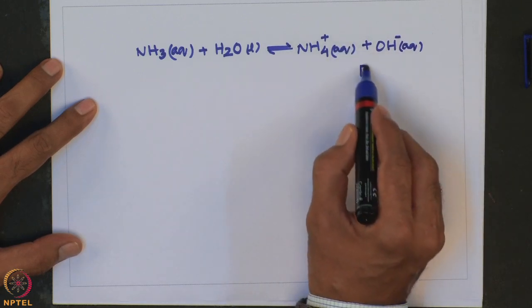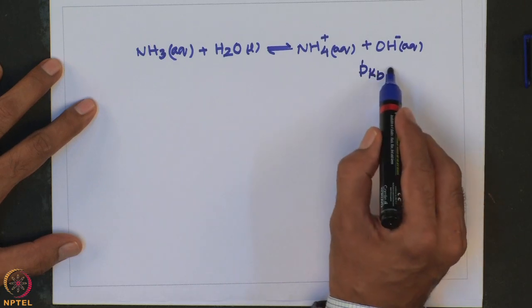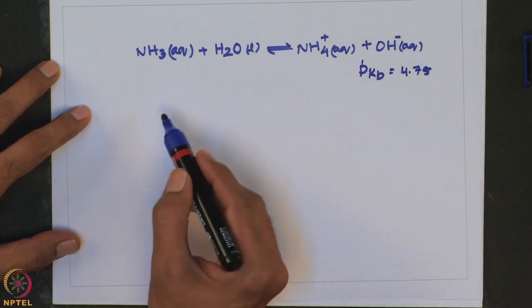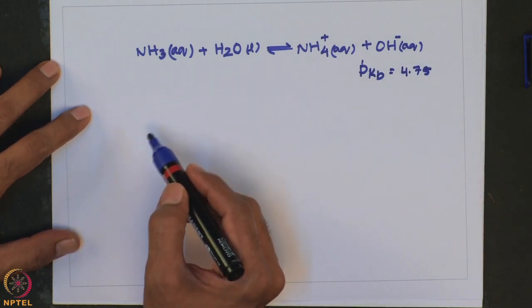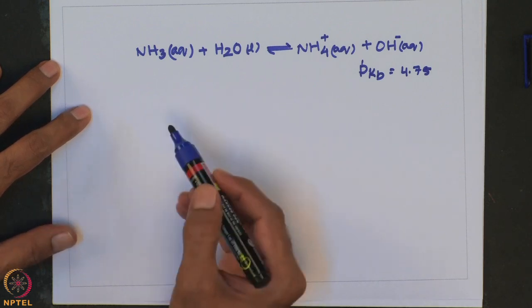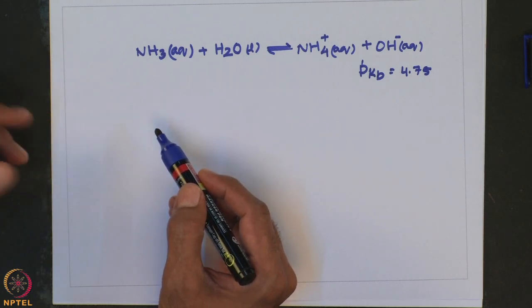So, for this one, if you consider pKb, that is about 4.75. If you consider these two reactions that I am going to write, that will show you the difference in the behavior of ammonia.